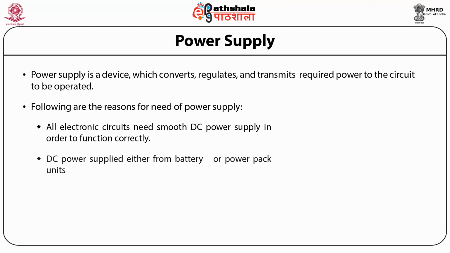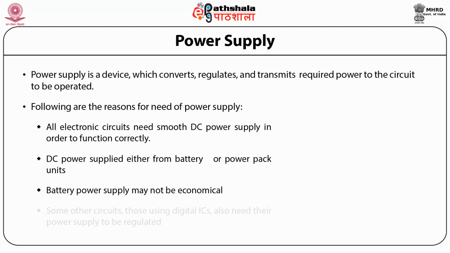Second, DC power is supplied either from the battery or power pack units. Third, battery power supply may not be economical. Fourth, some other circuits, those using digital ICs, also need their power supply to be regulated.